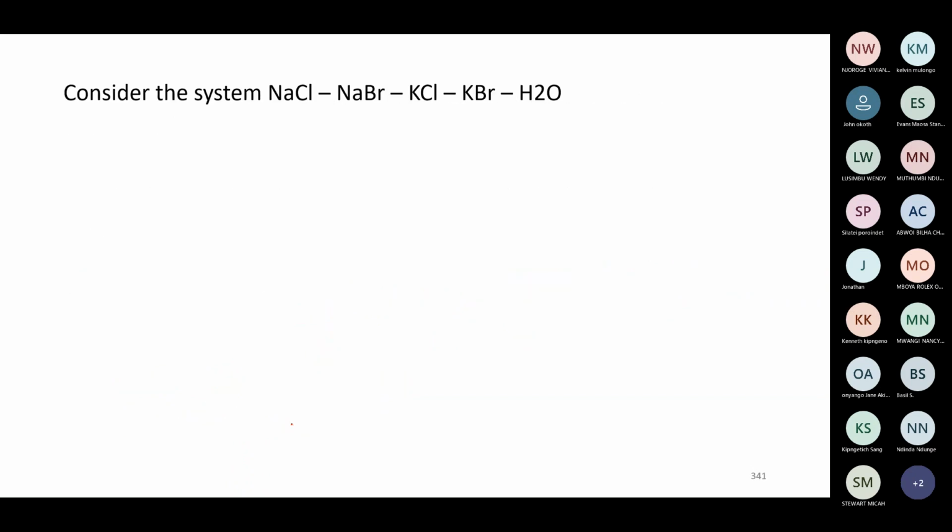You can also consider this particular system here. So this system, you have to consider what are the number of species. So of course, from this we get a chloride. From this and this we get a chloride. From this and this we get a bromide.